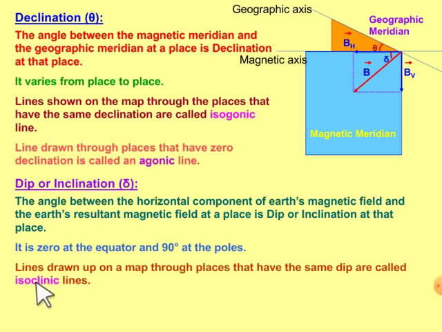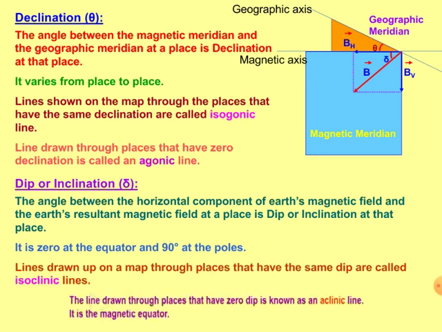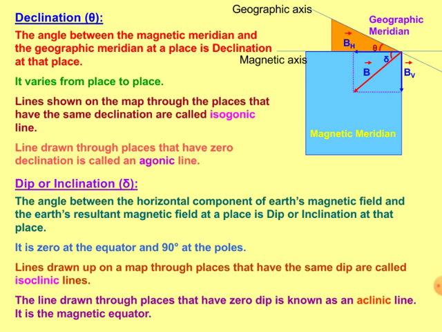Those lines drawn on the map of places having zero dip are called the aclinic line. It is nothing but the magnetic equator, and the magnetic equator will have zero value of dip, right?